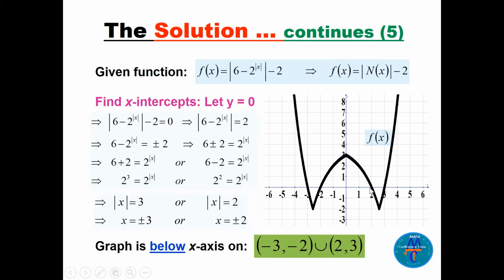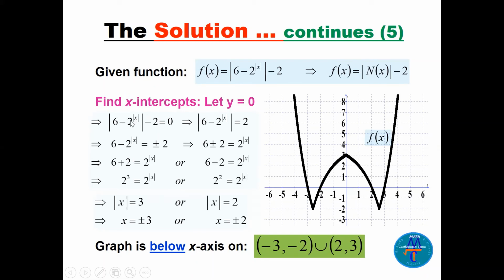So for sure, here we have to find the x-intercepts. It's not accurate to take them from the graph, because sometimes these are not integers or easy numbers. So to find the x-intercepts, let y equal 0 in the original function f. So put this equal to 0.